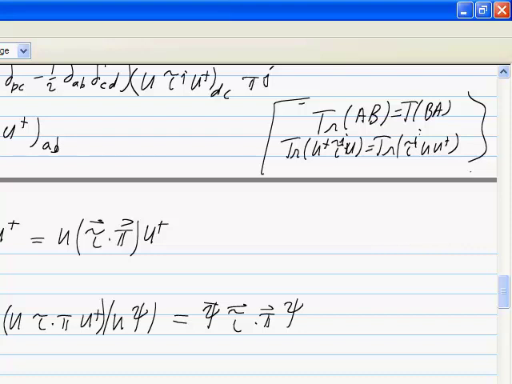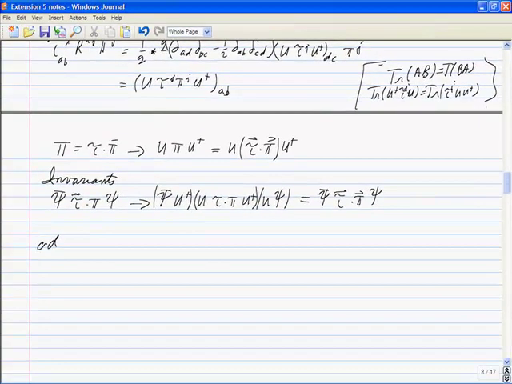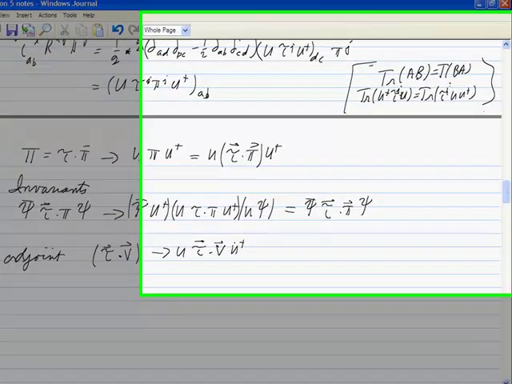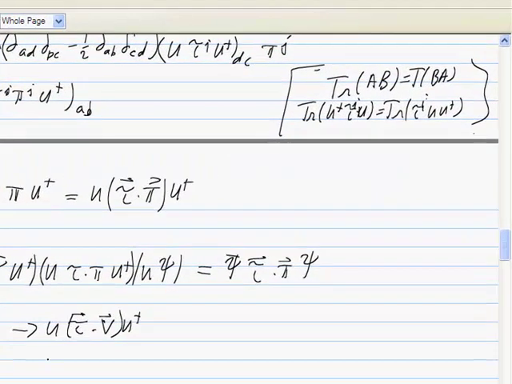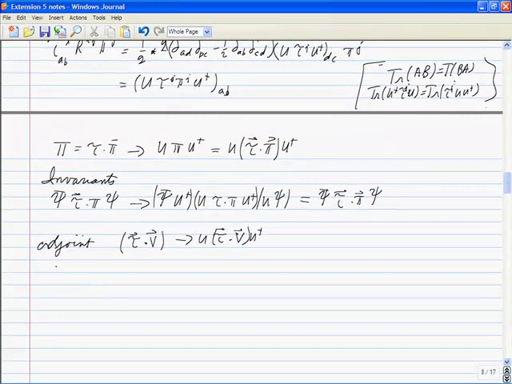So the adjoint fields, all the adjoints, transform like this: tau dot any vector field goes to U tau dot vector field U dagger. It's easy to write out another invariant. This one is pretty obvious, but it's less obvious when you go to other groups.